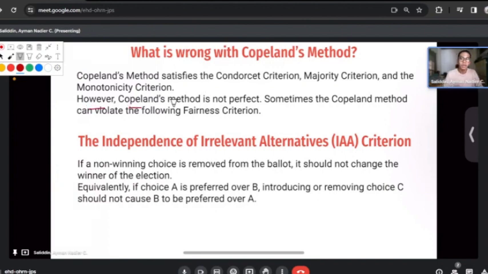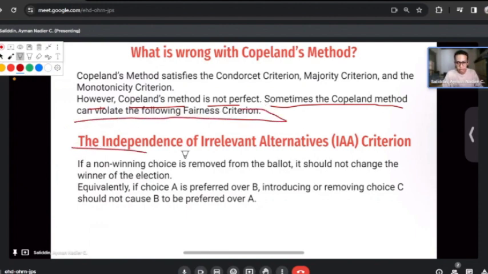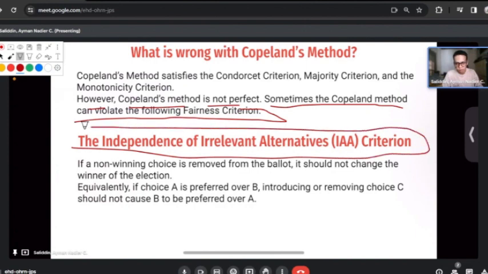However, Copeland's method is not perfect. Sometimes it can violate the following fairness criterion: the independence of irrelevant alternatives, or IIA criterion.